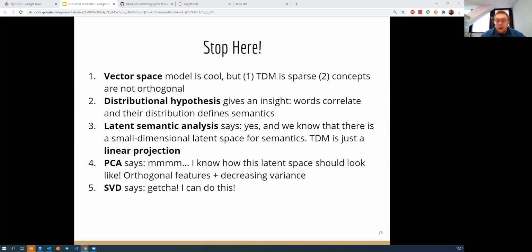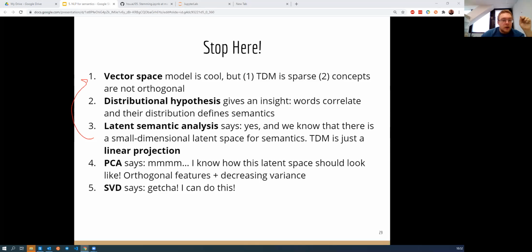Then comes the procedure called latent space analysis. What does it say? We will try to observe the latent space which satisfies the vector space model. Okay, distributional hypothesis give us an insight about the collinearity of the vectors.